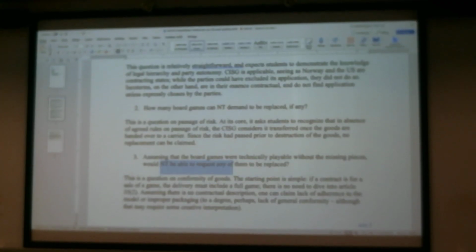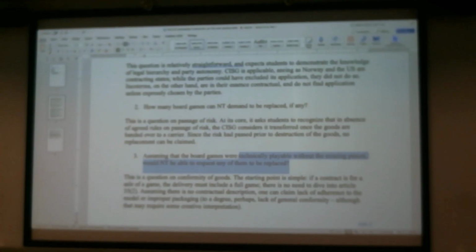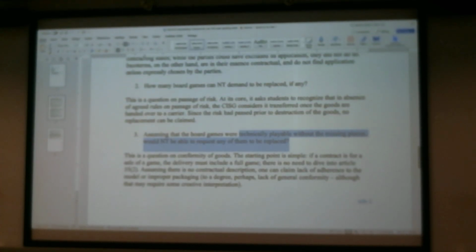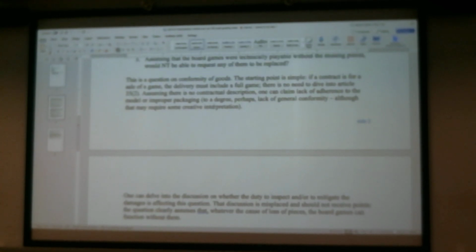We also had the question about if they were technically playable without the missing pieces, would they be able to request a replacement? So here we once again have the question of how did this loss occur? Starting point, if a contract is for sale of a game, there is no need for you to go through fit for general use, fit for specific use. You can look into the contract. You can discuss whether or not there is this duty to check if the goods are fine, but in any case, the rule of thumb here is to keep it simple.